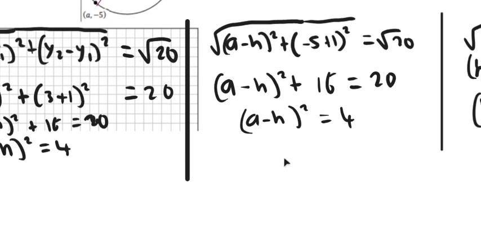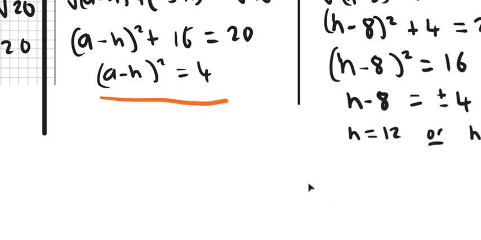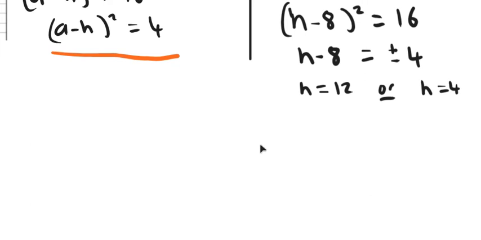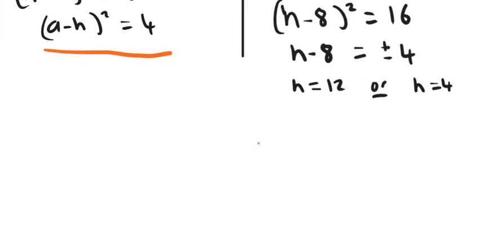I'm taking this equation here that I found, a minus h squared is equal to 4, and putting both of those values in. So the first one, if I put h in, I would get a minus 12 squared is equal to 4.